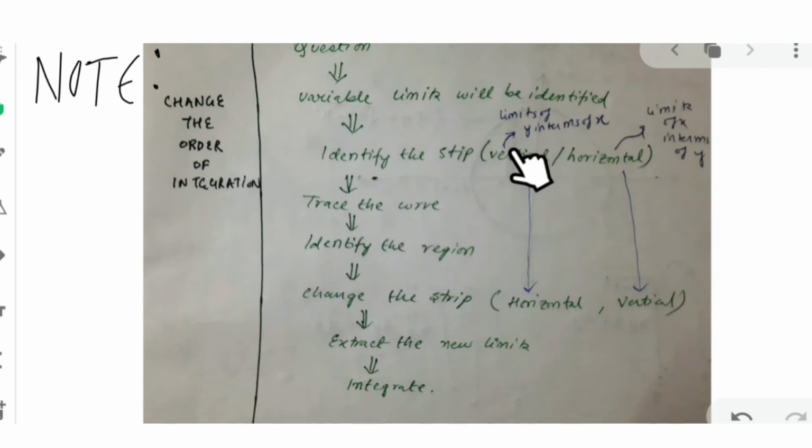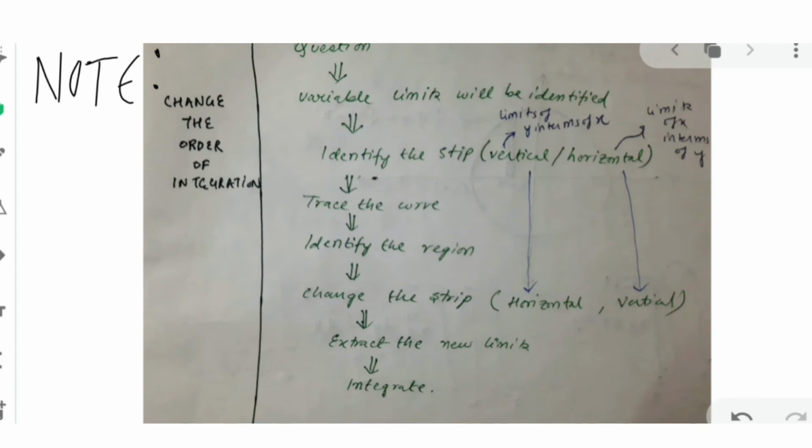If the vertical strip was taken at first, then we need to change it into a horizontal strip. And if a horizontal strip was taken, then we need to change it into the vertical strip. And now from that graph, we need to extract the new limits, and then integrate. This is a simple flow chart just to remember.